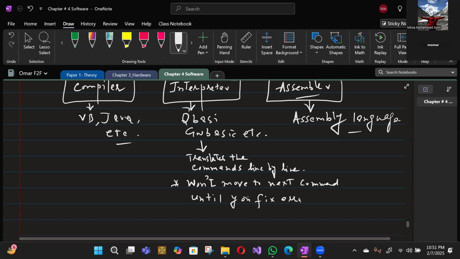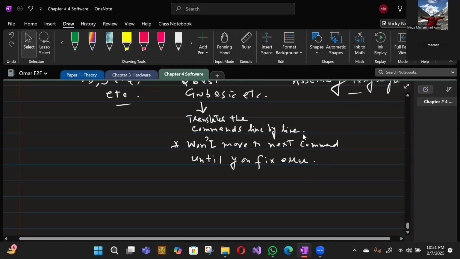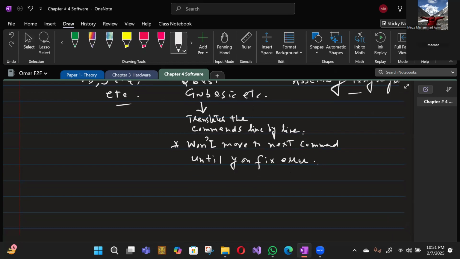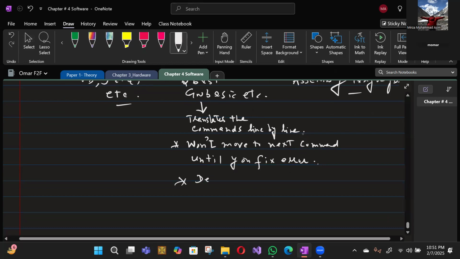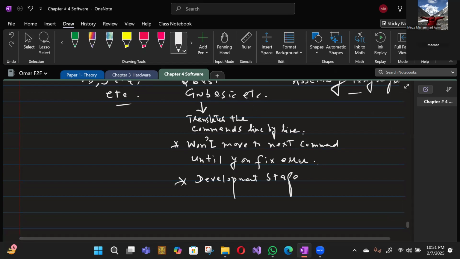Clear? This interpreter is very helpful in the development stage of software, because you create different modules and need to find the syntax errors. So it fixes everything on the very early stages.